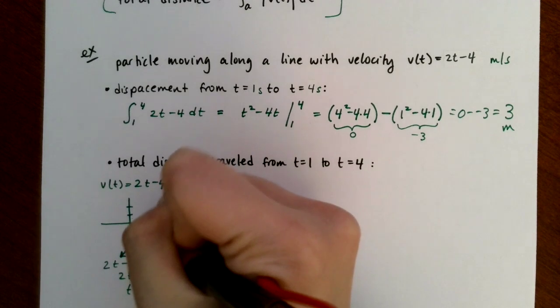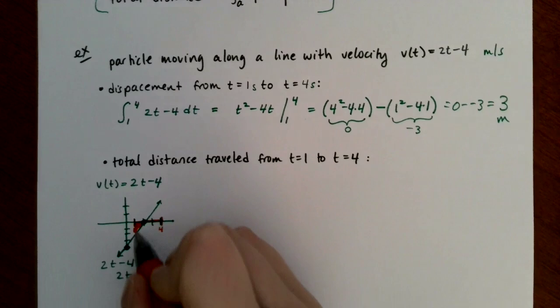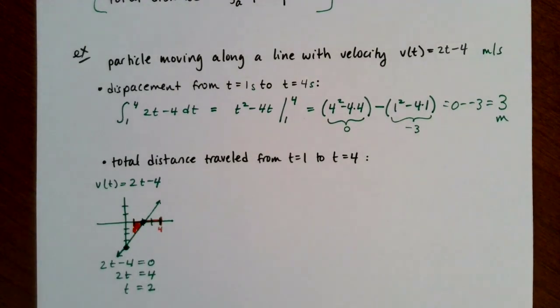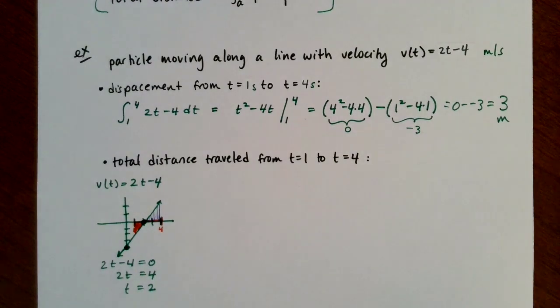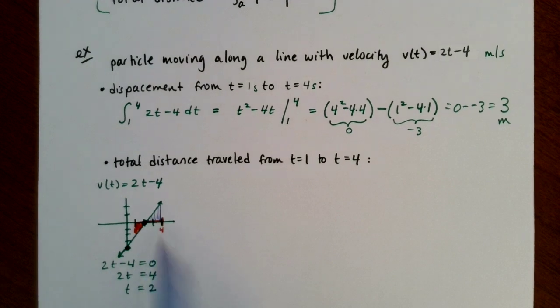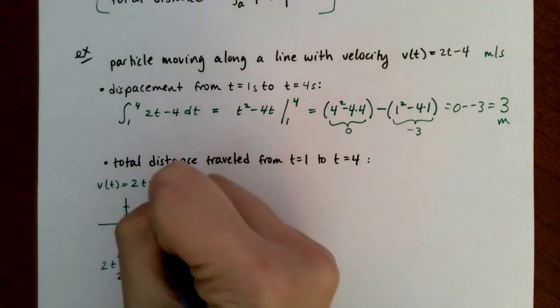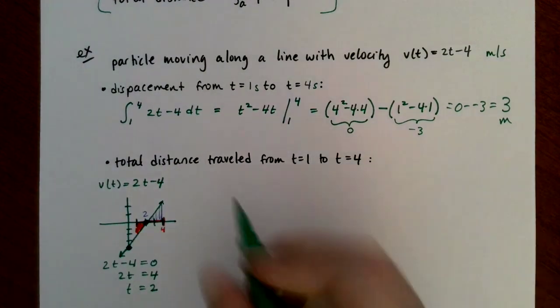When we integrated in the first part of this problem, this counted as negative area, and it canceled out some of this positive area here. So what we want to do is add up the area of the red as positive plus the area of the blue, also positive. So this tells me I need to split the integral from 1 to 2 and then 2 to 4.